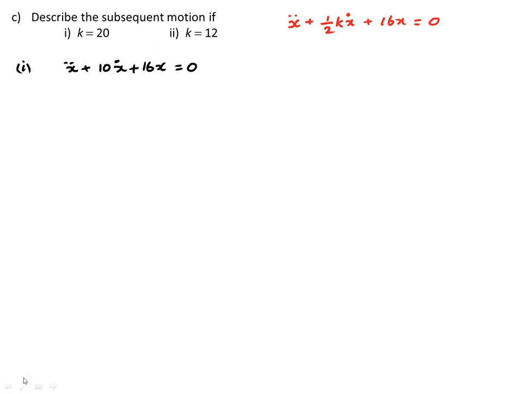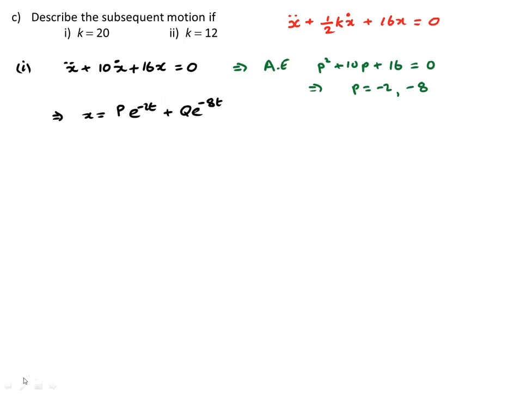And this equation has auxiliary equation p squared plus 10p plus 16 equals 0. So p must be minus 2 or minus 8, which means that the general solution of the differential equation is x equals P e to the minus 2t plus Q e to the minus 8t, where P and Q are constants to be determined.